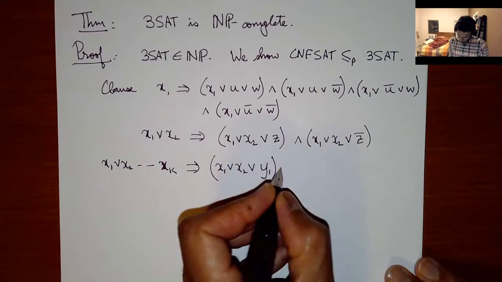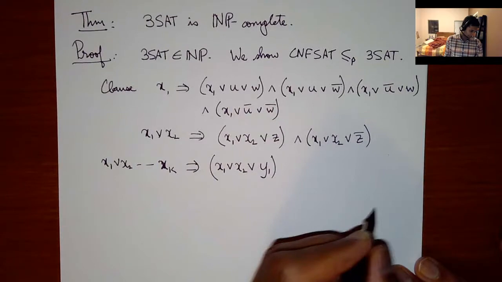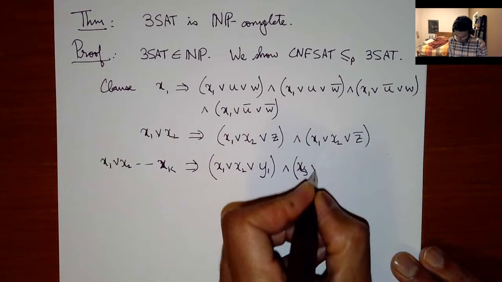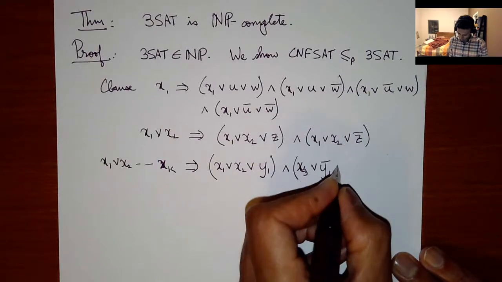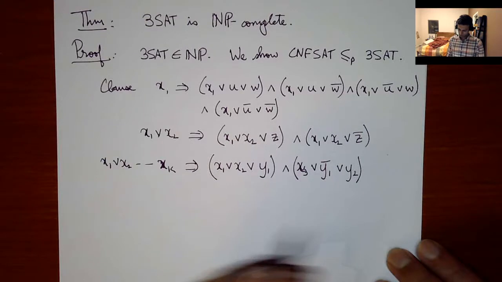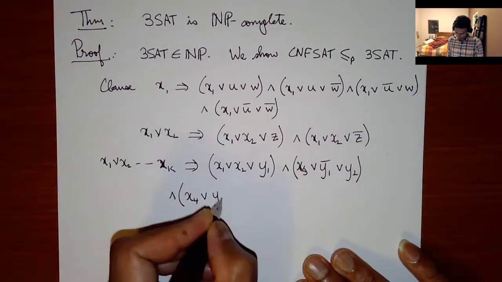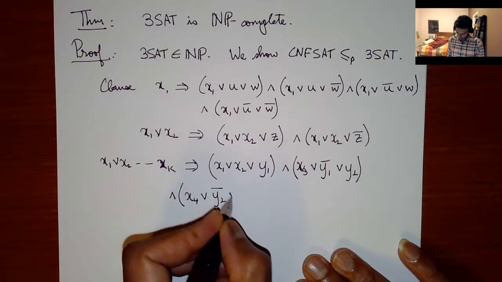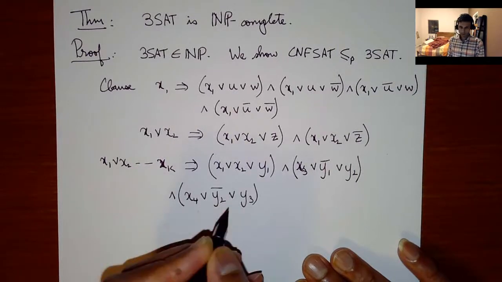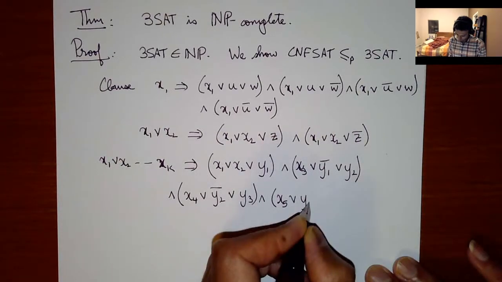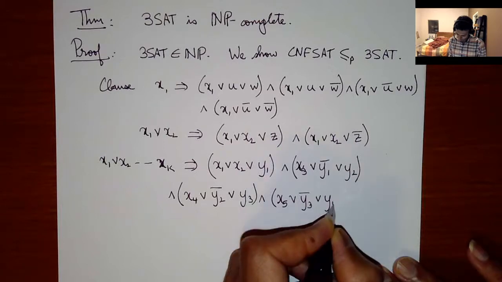And so you'll see what I'm going to do over here: x3 or not of y1 or y2, and x4 or not of y2 or y3, and x5 or not of y3 or y4, and so on and so forth.